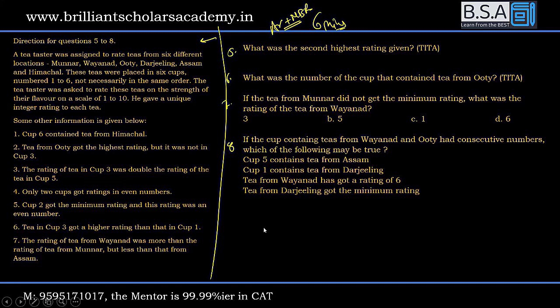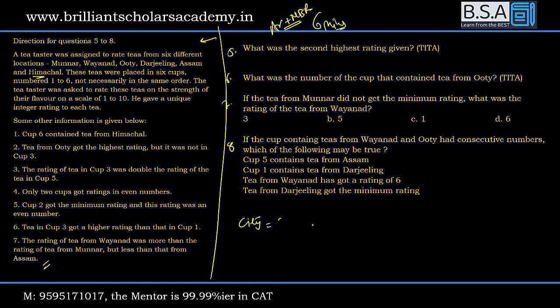Yes. So while you read up to the last point of the information, you realize you need to do what? You need to match a city, tea. Tea is coming from Munnar, Wayanad, Ooty, Darjeeling, Assam, Himachal.